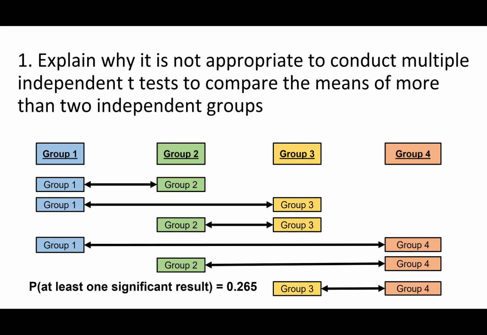With 6 independent tests, the probability of obtaining at least one significant result, given that the null hypotheses are all true, is really 0.265. In other words, if the population means for these 4 groups were really all the same, there would still be a 26.5% chance of observing at least one statistically significant result due to a type 1 error. This is a major problem.